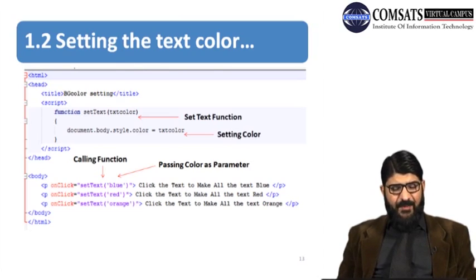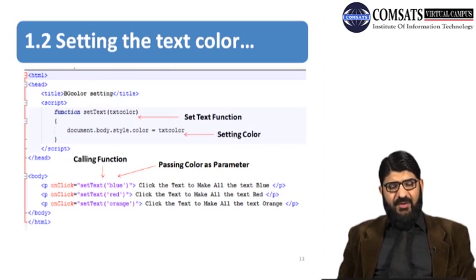So whenever the page is loaded, the first paragraph will be called with the parameter blue and passed to the function setText, and then that particular color will be applied to the particular paragraph. Similarly, for the second paragraph the red color, and for the third paragraph the orange color will be applied accordingly.